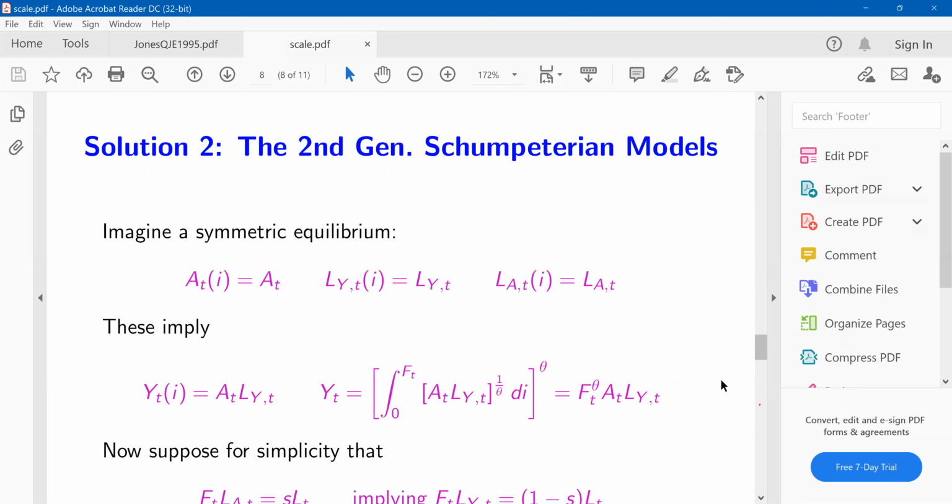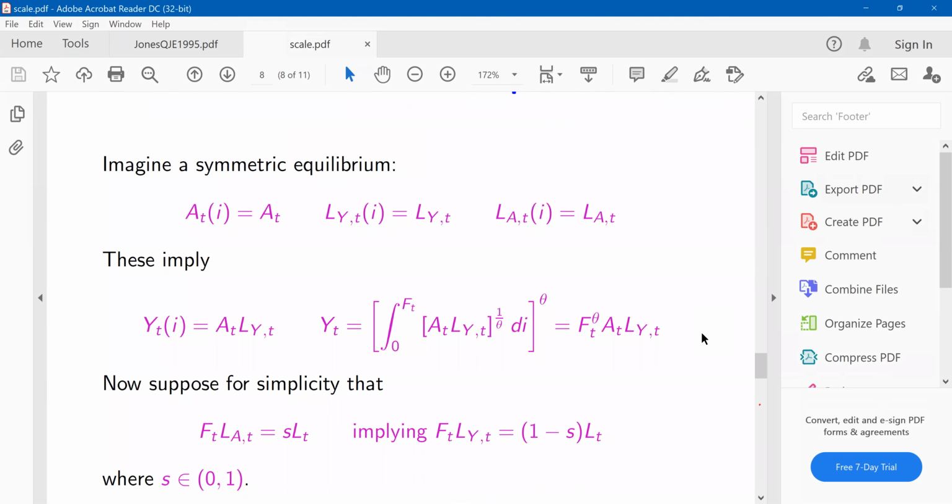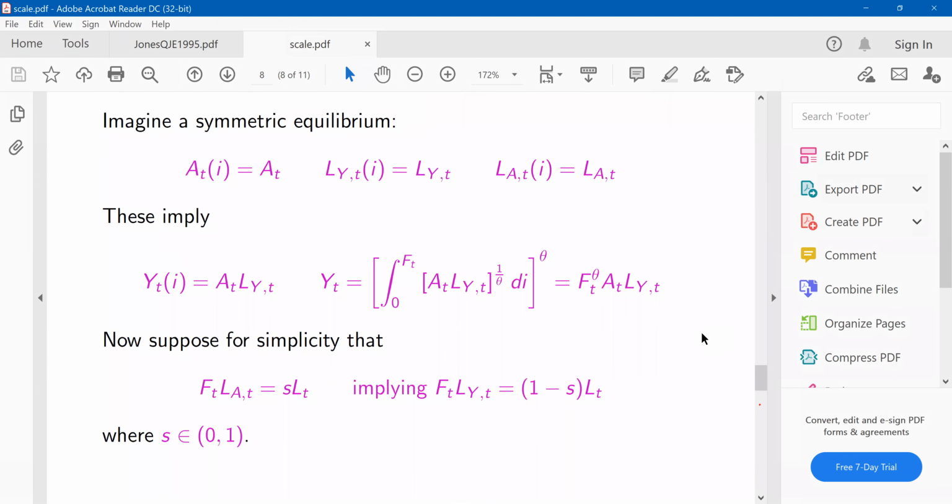Now we imagine a very simple symmetric equilibrium of this economy. This is a simplification, of course. If you want to study a more realistic characterization, you don't have to assume symmetry.